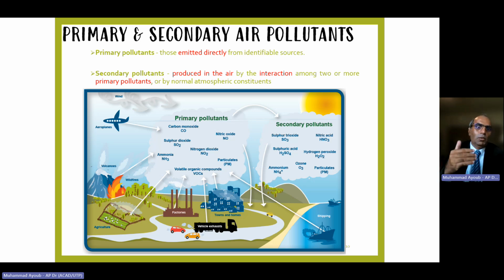So we will check what their sources are, what cases they are produced in, and how we can overcome or control that secondary or primary pollutant, because it is important to control such types of pollutants. Just understand whether it is primary or secondary type.